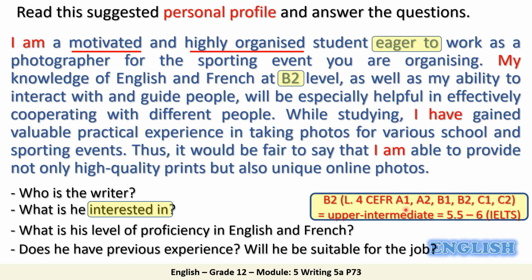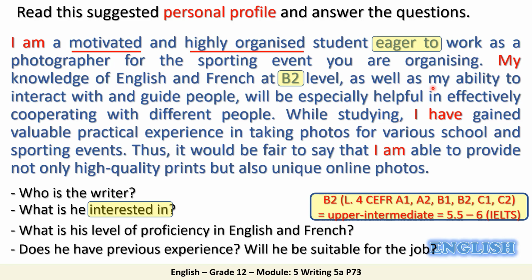These 6 levels are A1, A2, B1, B2, C1, C2. C2 is someone who is exceptionally perfect at language. C1 is someone who is fluent at a language. And B2 is someone who is a confident user of a language. It equals upper intermediate level. And in IELTS tests, he can take between 5.5 and 6. Okay.